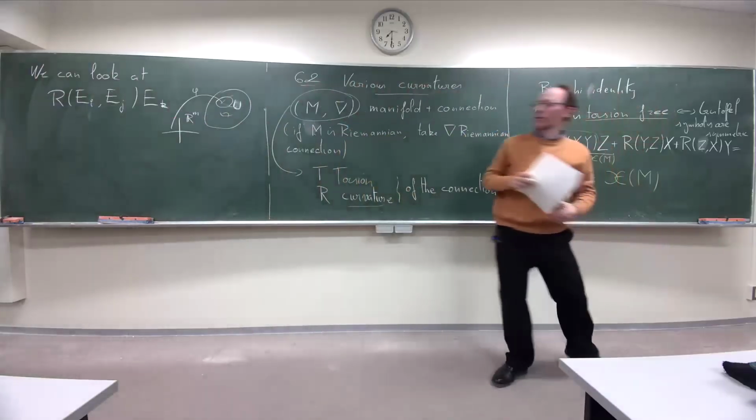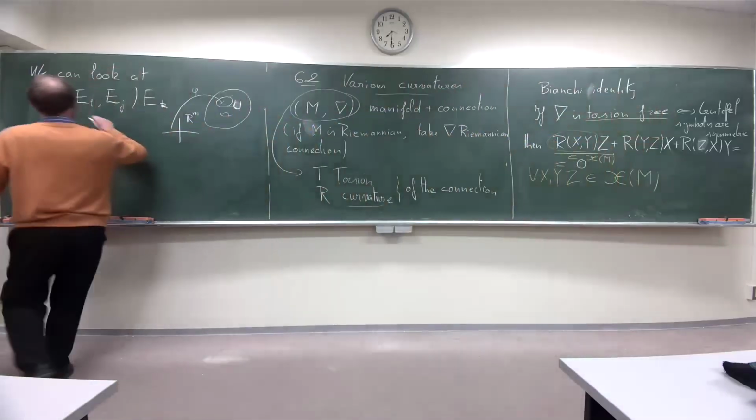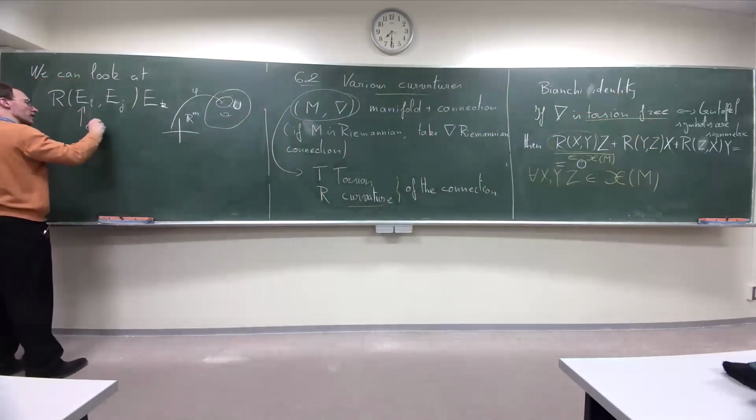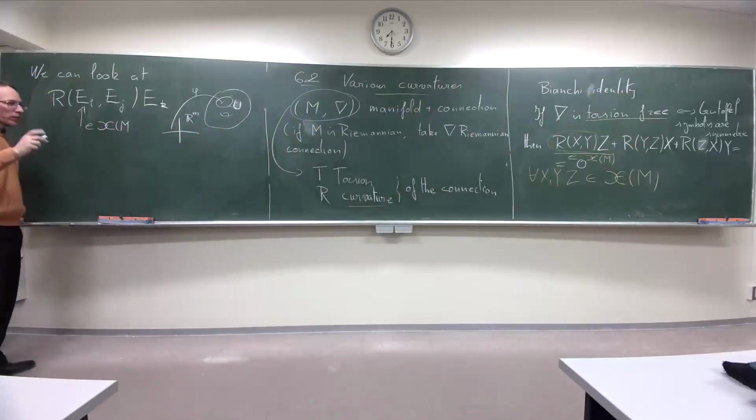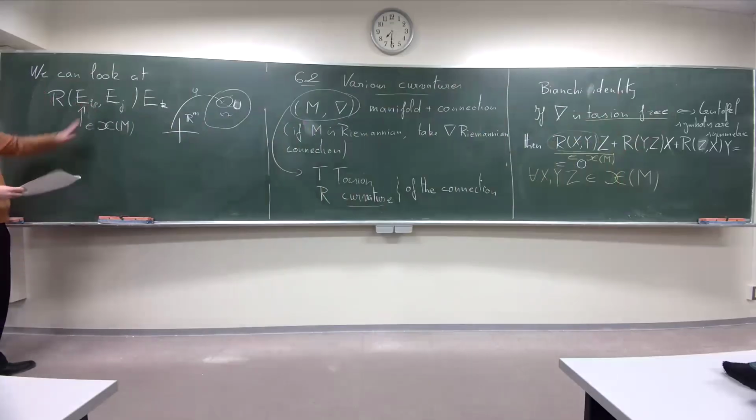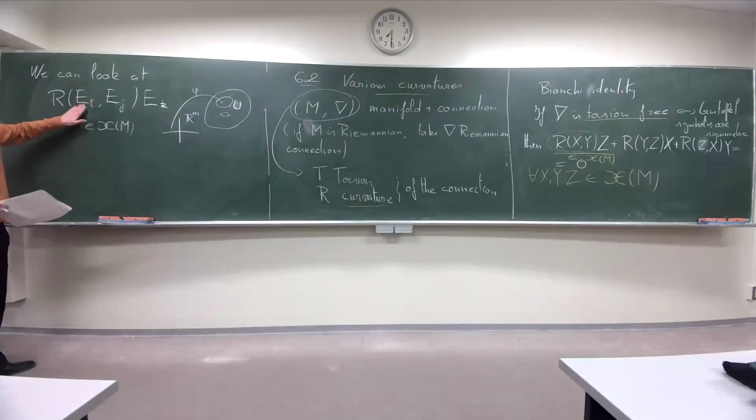Each of them is precisely a vector field. At every point, when I evaluate at one point, this is a vector on the tangent space. So each of them is one vector field.